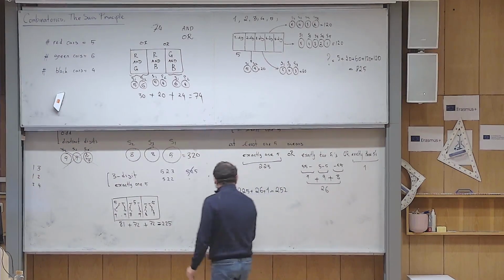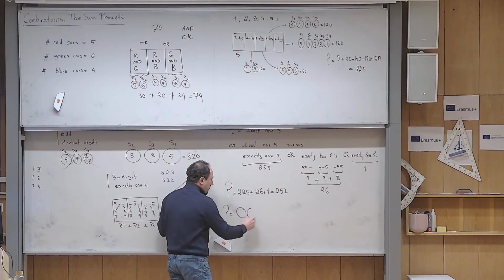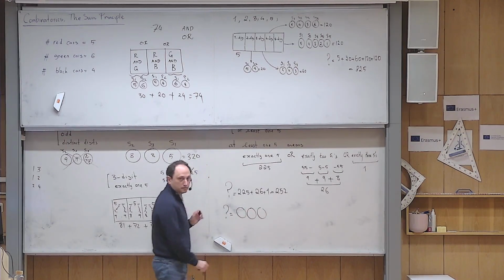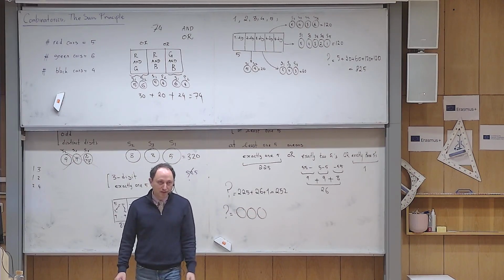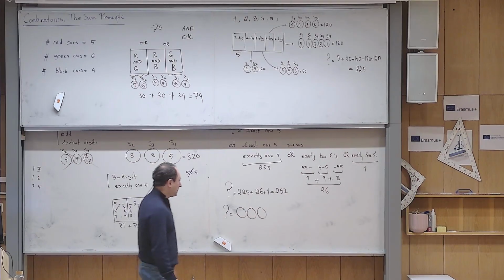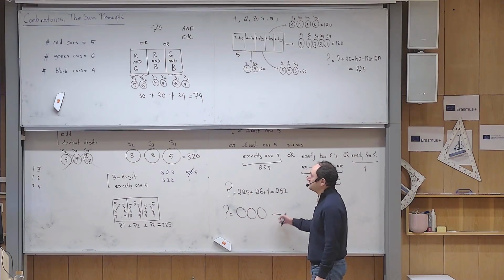So if I want to answer this question, I ask myself, how many 3-digit numbers are there? If I know it is 900, I just write 900. If I don't know it, but I can calculate it easily, this is not called the difference rule.